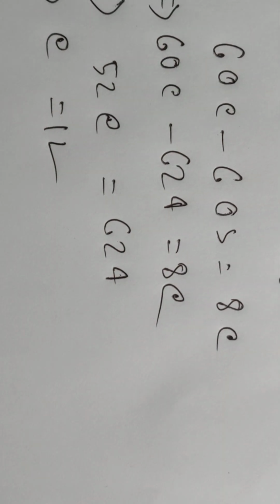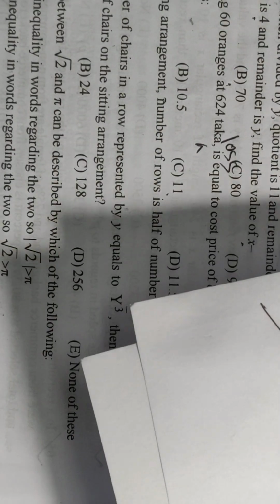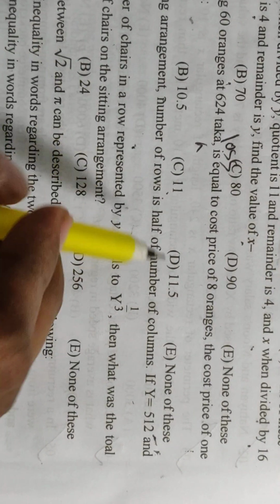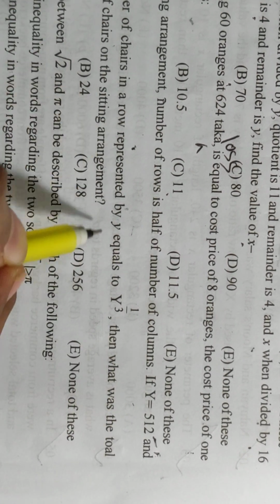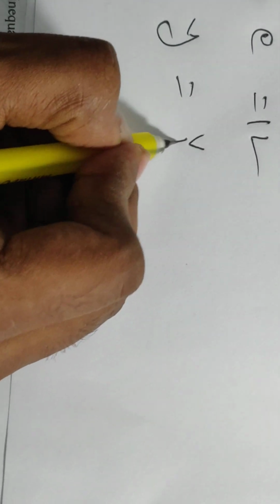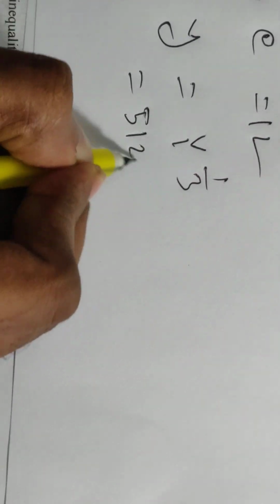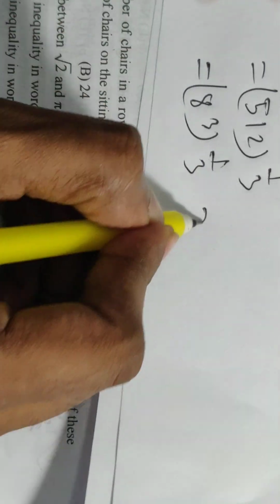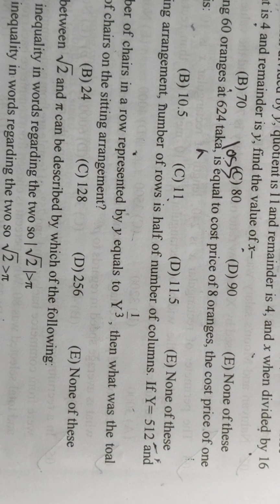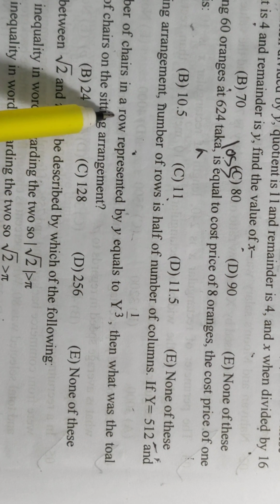Moving to the next question, number 14. In a seating arrangement, the number of rows is half of the number of columns, y equals 512, and the number of chairs in a row is y. Then y equals 512 to the power 1 by 3, that means 8 cubed to the power 1 by 3 is 8. So y represents the row.